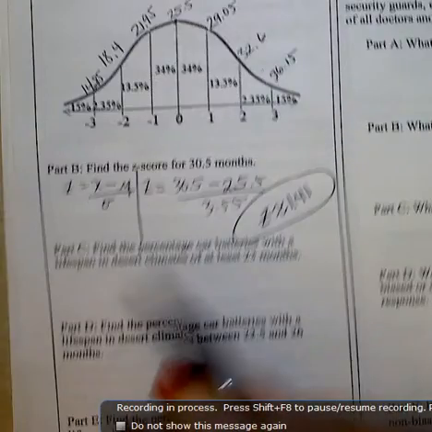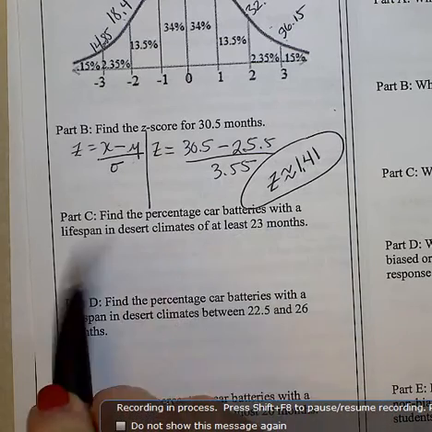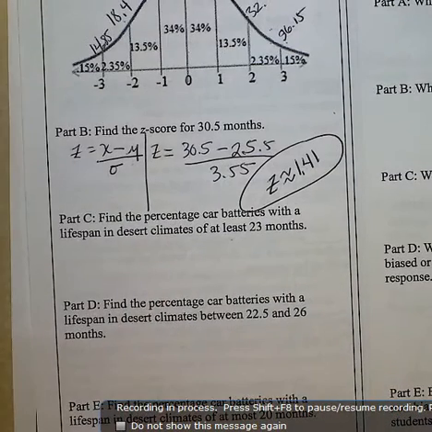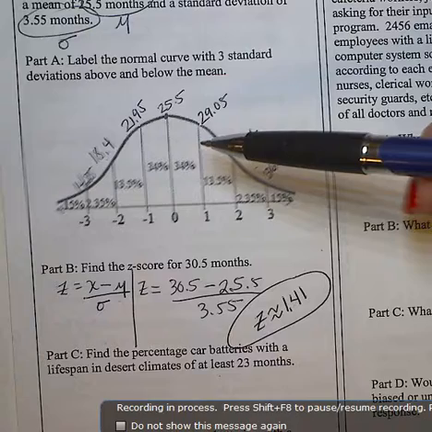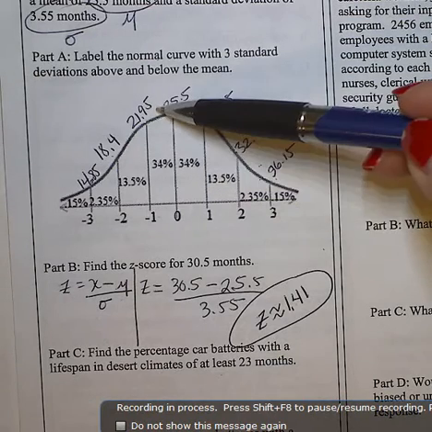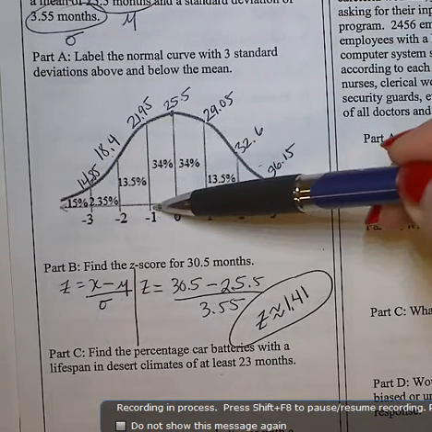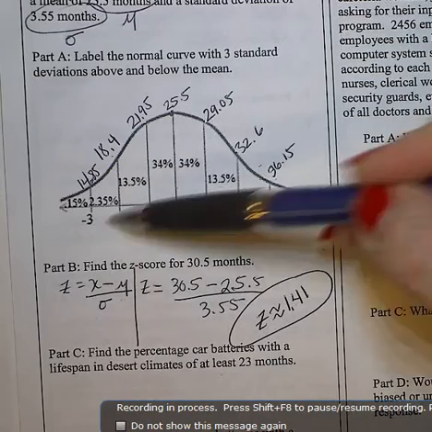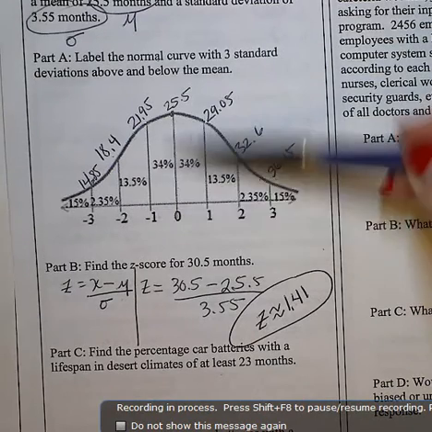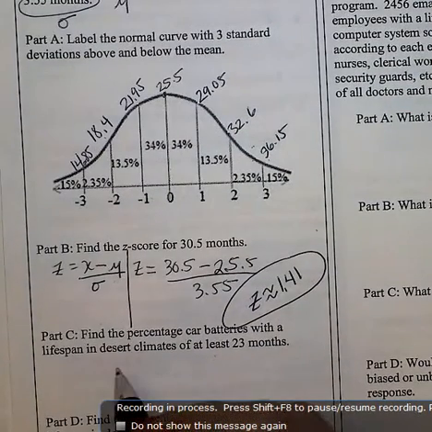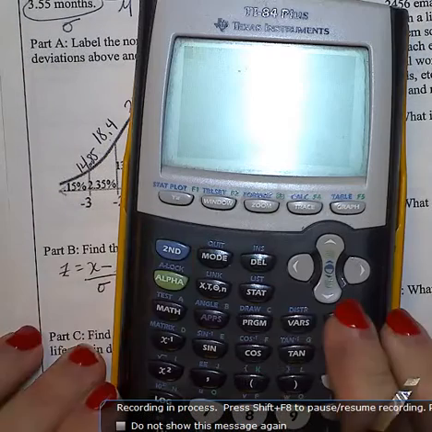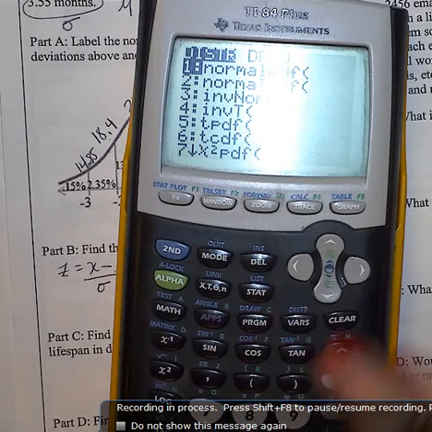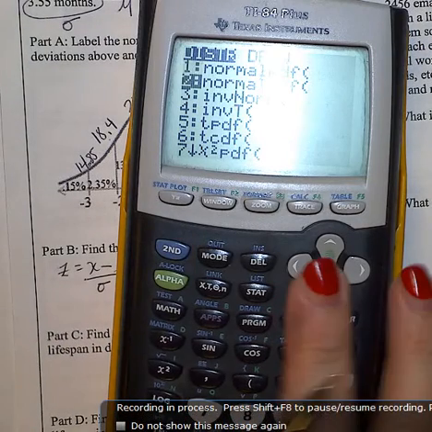Okay, so find the percentage of car batteries that are at least 23 months. When I look up here, I can see that 23 does not lie on one of these standard deviation values that are above or below the mean. In fact, it's in between. So I'm going to go back and use the calculator operations if you've forgotten. We're going to hit second bars and go to normal CDF.